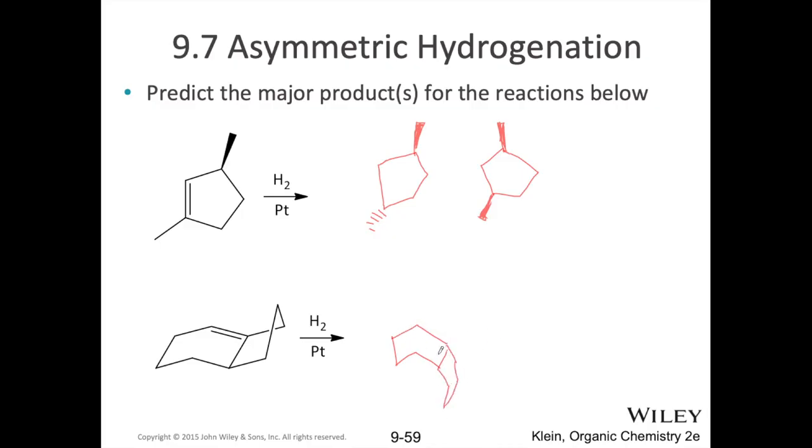Or, of course, if our hydrogens add onto the bottom, that's going to push this carbon bridge upwards, so it looks like this. If our hydrogens add onto the bottom here, this gets pushed upwards like that. Okay. All right, so those are our two possible products.